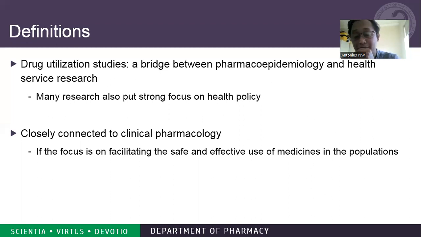And sometimes I'm confused about that as well. So bear with me. And yeah, some drug utilization studies are said to be a bridge between these topics because some of the studies put a strong focus on health policy.